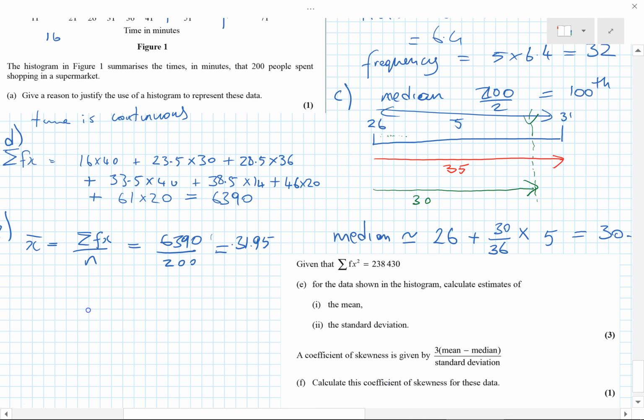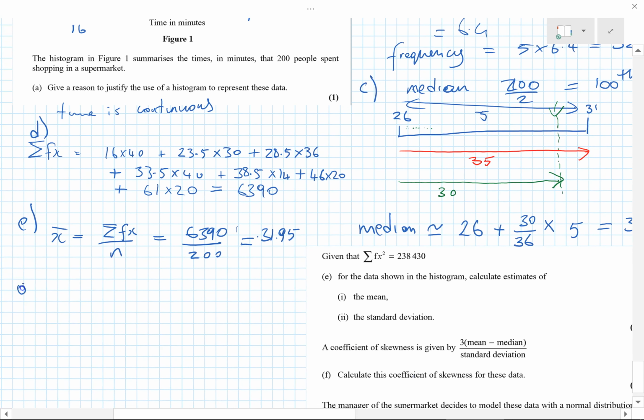The standard deviation is equal to the square root of sigma fx squared divided by n, or sigma f, but we know n, so I don't want to bother writing sigma f, take away the mean squared, or x bar squared, whatever in this case.